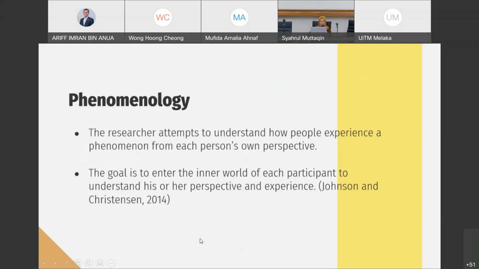Ladies and gentlemen, now we come to the first kind of qualitative research, that is phenomenology. This kind of research will attempt to understand how people experience a phenomenon from each person's own perspective. The goal is actually to enter the inner world of each participant to understand his or her perspective or experience.